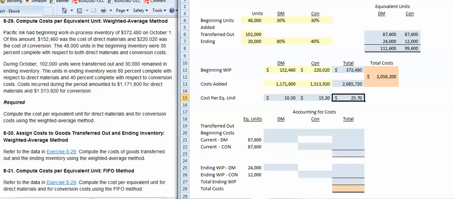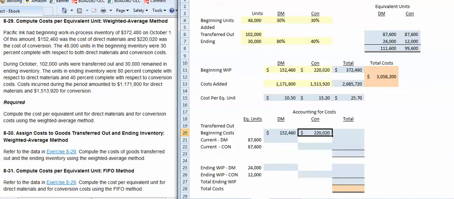Again, in a FIFO method, our beginning costs for direct materials of $152,460 transfers directly to the units transferred out, as will our beginning costs for conversion costs of $220,020.